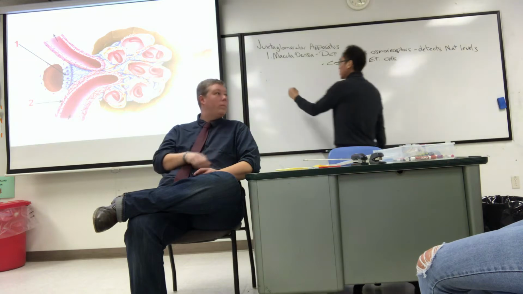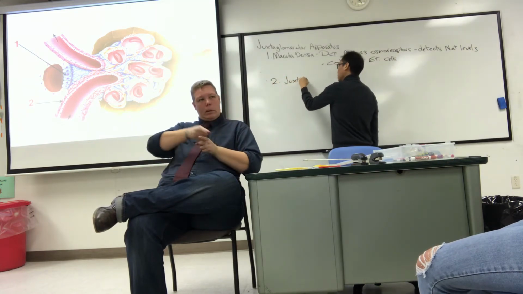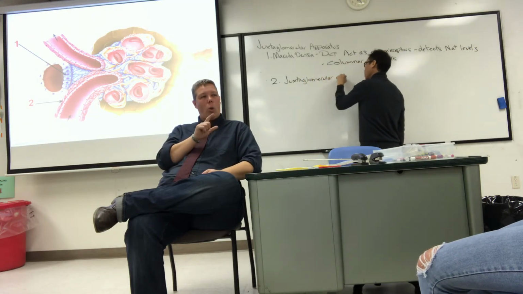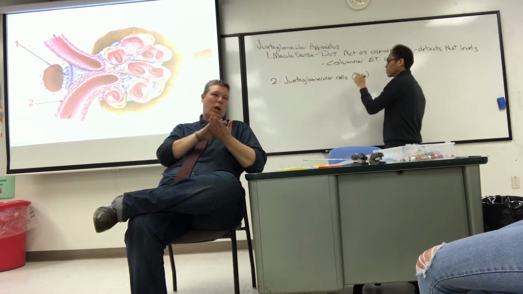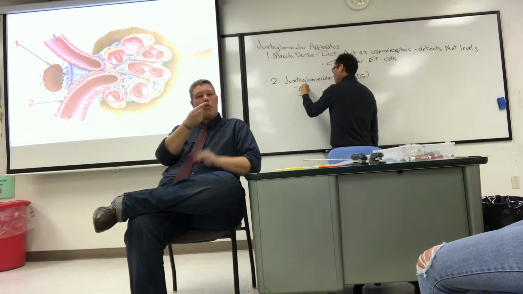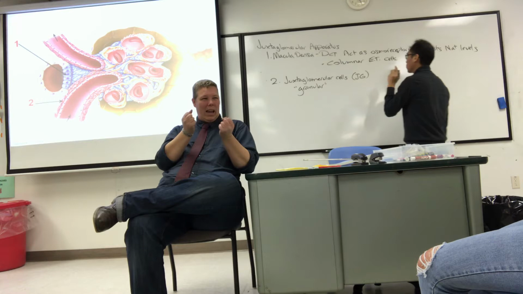Now, number 2 is pointing to the specialized cells of the afferent arteriole called a juxtaglomerular cell. Sometimes I just go JG cells for short. They're also called granular cells, if you ever see that term in your book, because the granules contain renin.